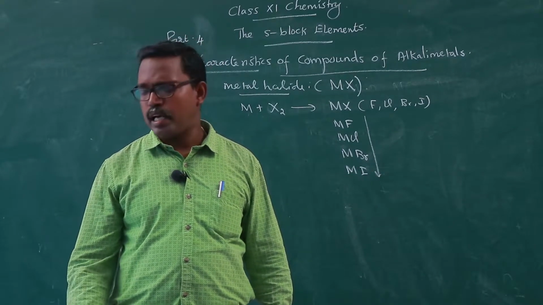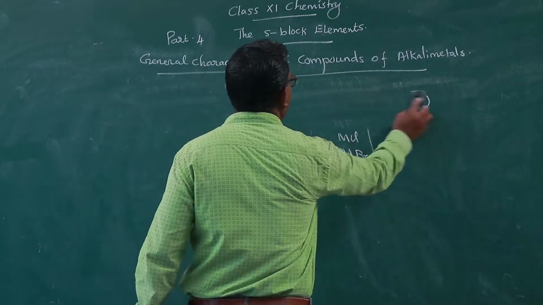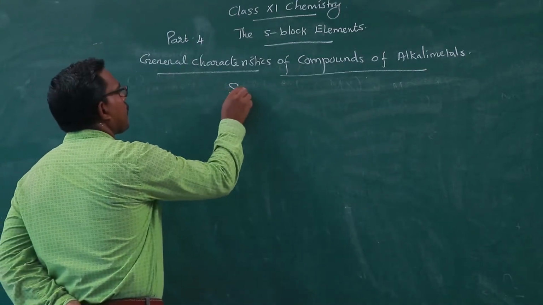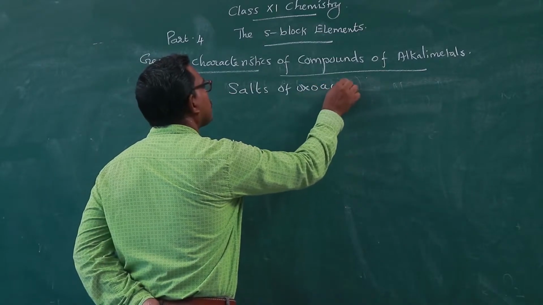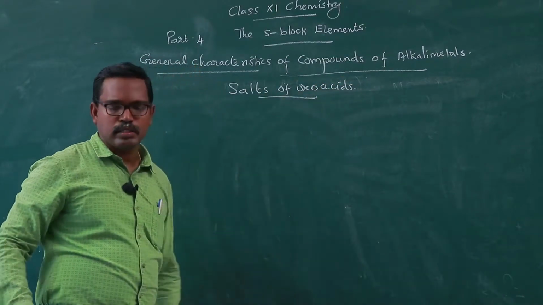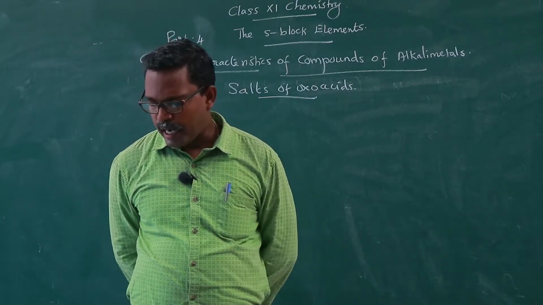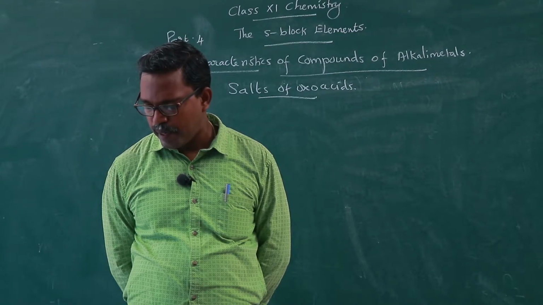The next one is salts of oxo acids. Oxo acids have an acidic proton on a hydroxyl group, with an oxo group attached to the same atom.